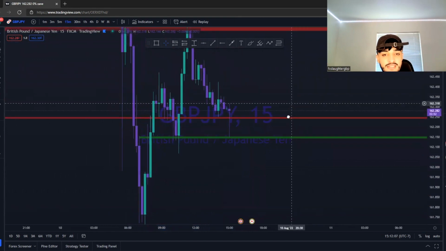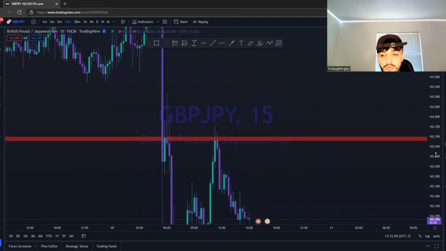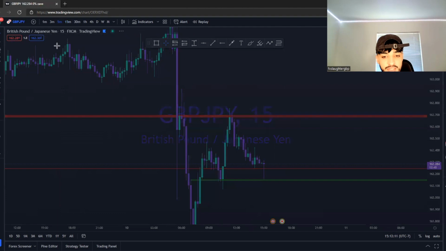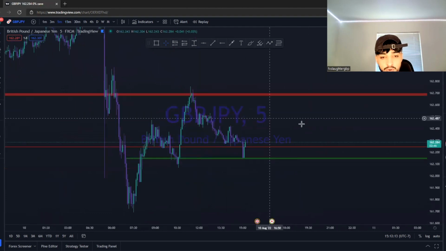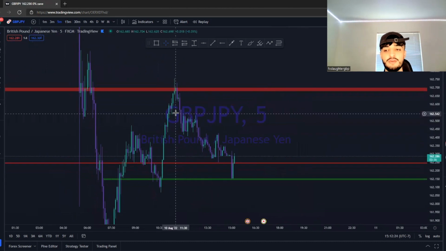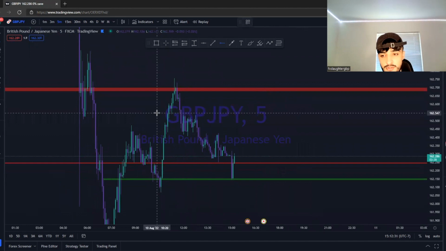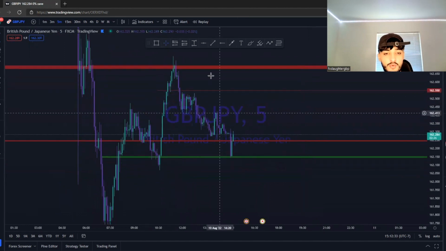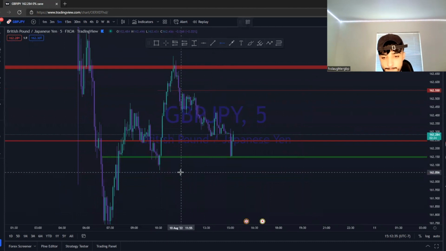So in this case, as a scalper, I'm gonna lower my time frame to 5 minutes just to see where price is at. So on 5 minutes, at 550 will be my buys, and then sells will be at 0.50.